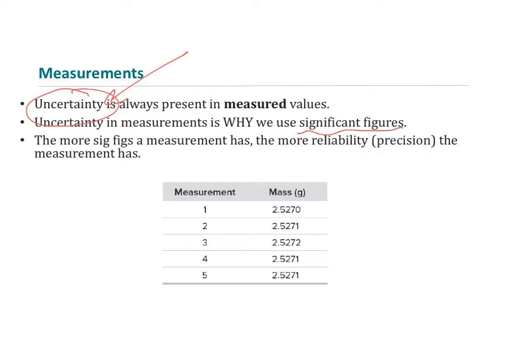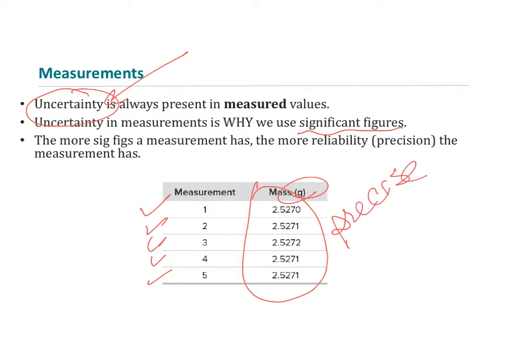So the more precise the equipment is, the more significant figures you're going to have, and the more certain you're going to be about the measurement. Let's say you measured mass, obviously in grams, 5 times, and these are the various values you got. I would call this quite precise, okay?